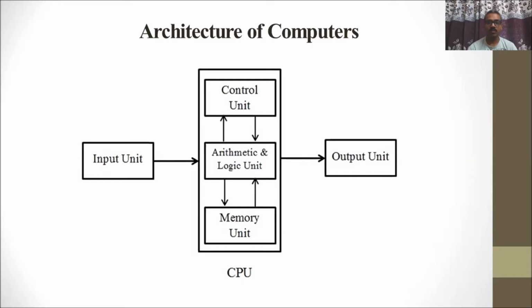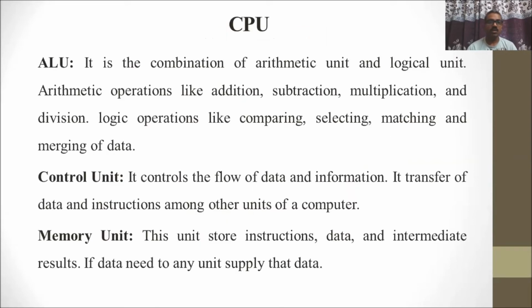instructions in the memory. So the ALU is a combination of arithmetic unit and logical unit. Arithmetic operations like addition, subtraction, multiplication, and division. Logic operations like comparison, selection, matching, and merging of data. So such kinds of operations are performed by the ALU.